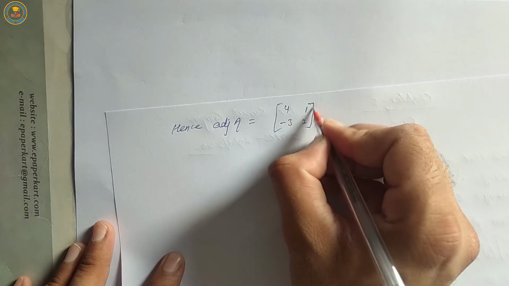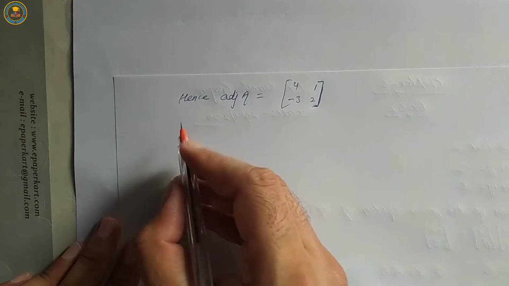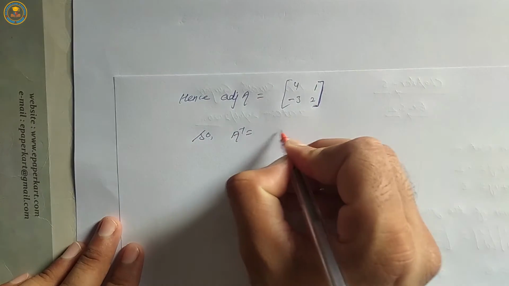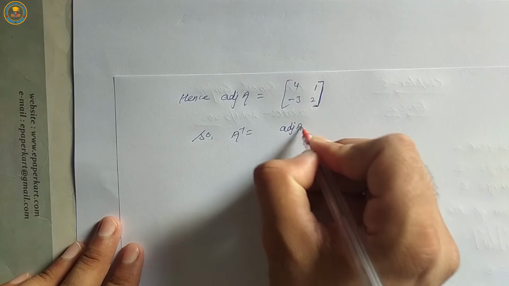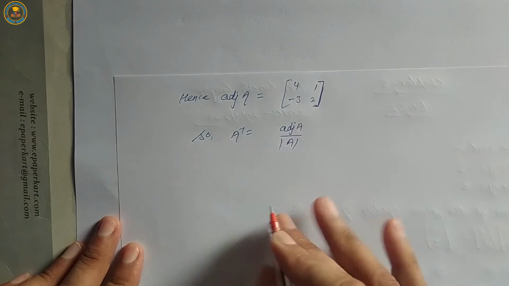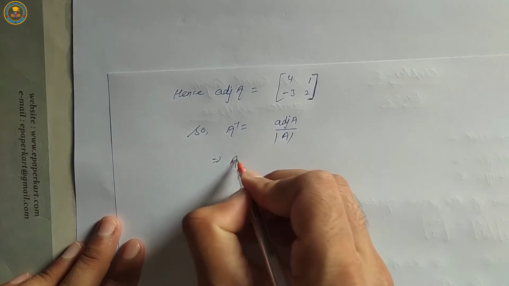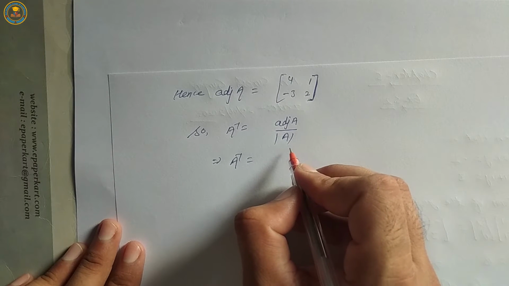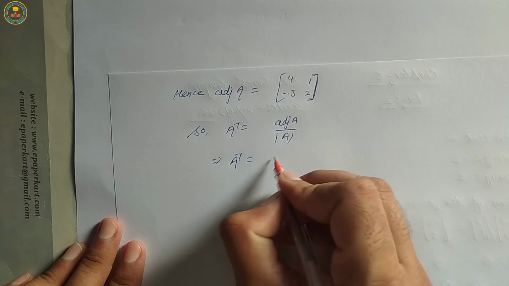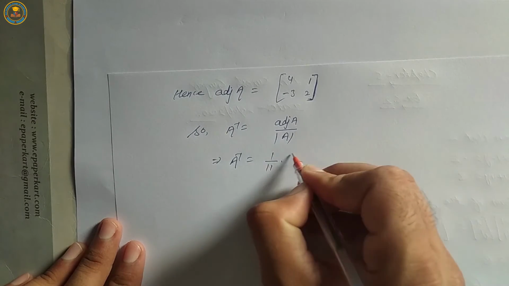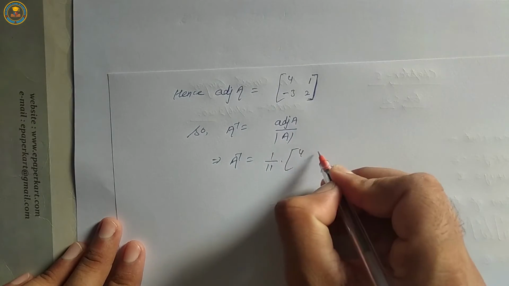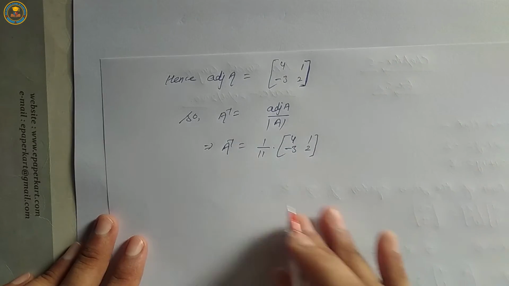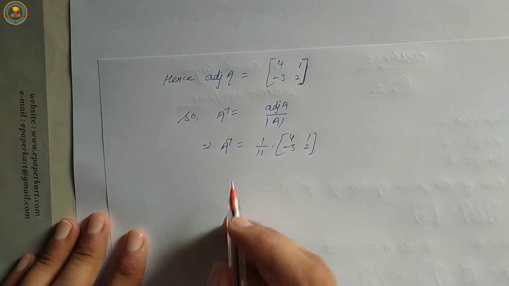That is adjoint A. So A inverse is equal to adjoint A upon determinant A, which is 11. It means 1 upon 11 into adjoint A, 4, 1, minus 3, 2.